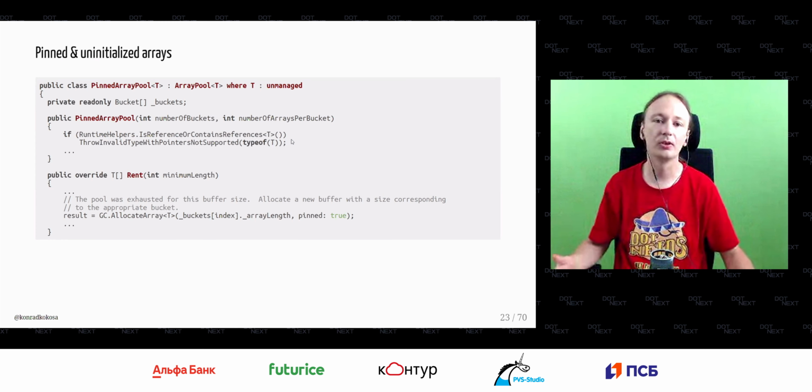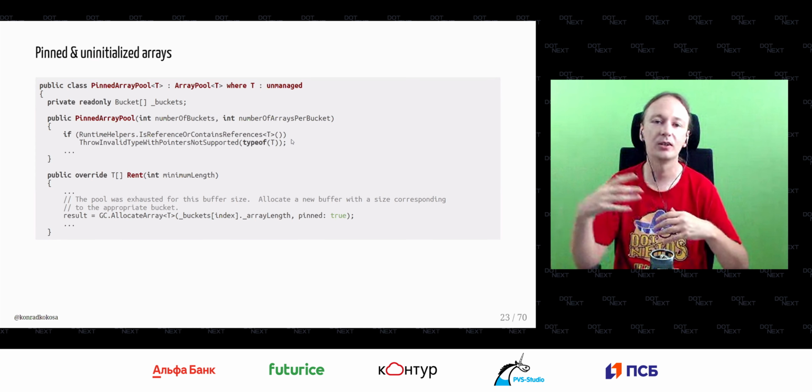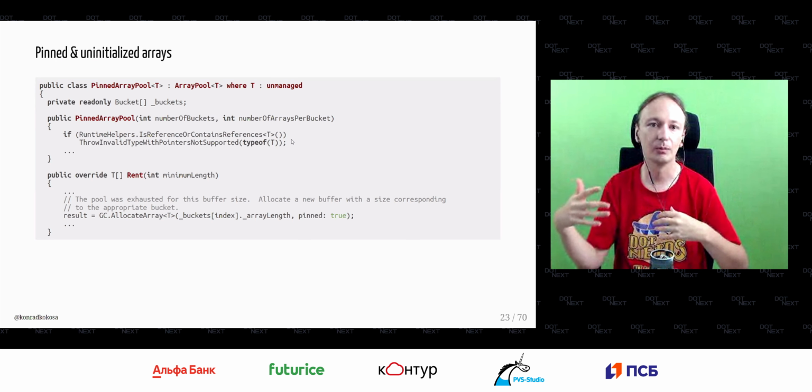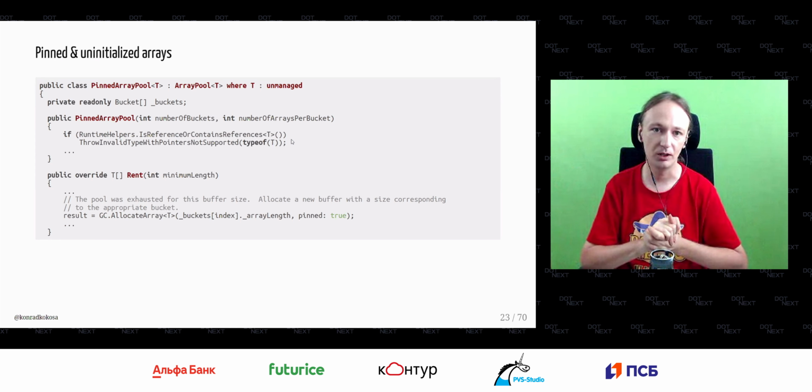Also, because now the pinned object heap doesn't have to be considered in the marking stage, because the GC will not traverse objects from the pinned object heap, this is a nice optimization for the GC, which puts this limitation. Unfortunately, we cannot put there objects that contain references.